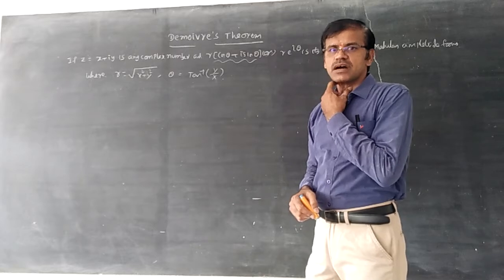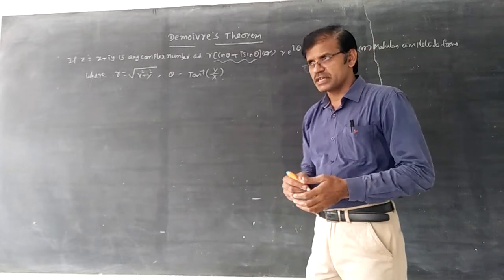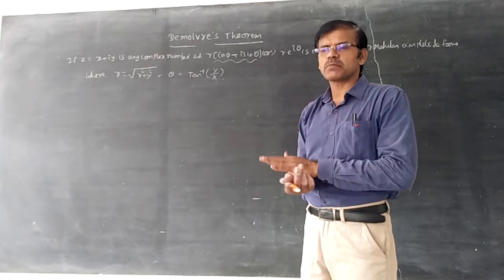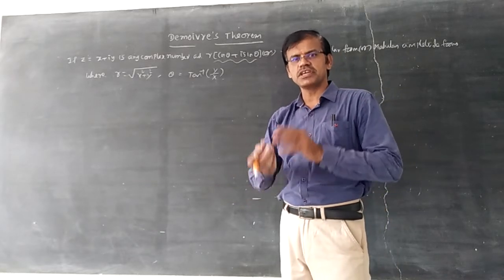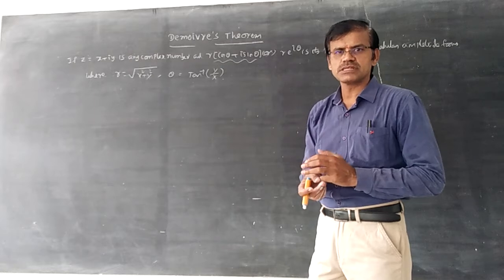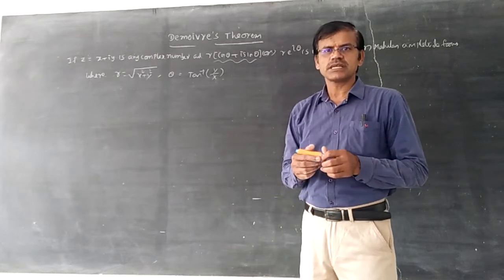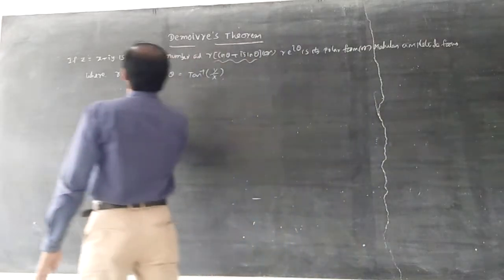If we consider cos theta plus i sin theta whole power n, where n belongs to integers or rational numbers, for anything, De Moivre's theorem is that cos theta plus i sin theta whole power n is equal to cos n theta plus i sin n theta.